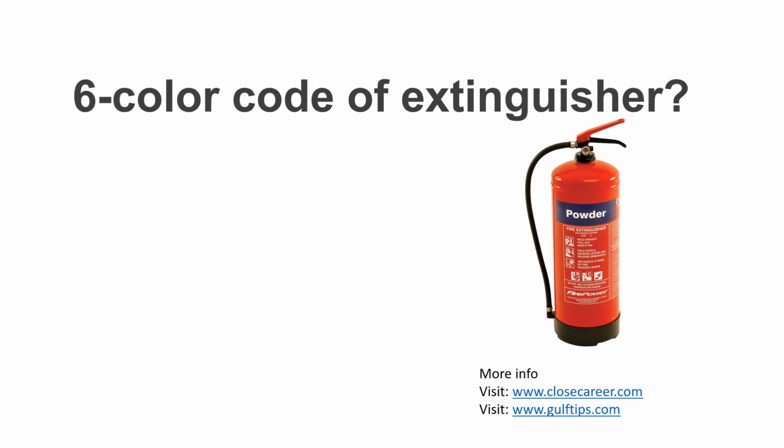Question number 6. Color code of extinguisher. There are various types of fire extinguisher in different colors. It can vary depending on the country, but there is an international color coding of the extinguisher that we learn.